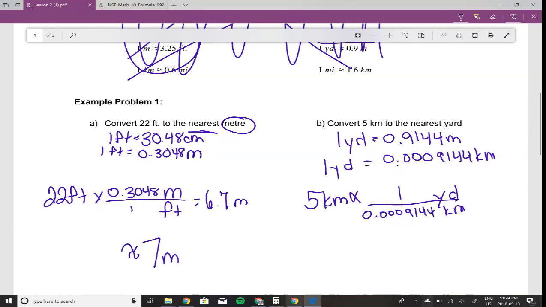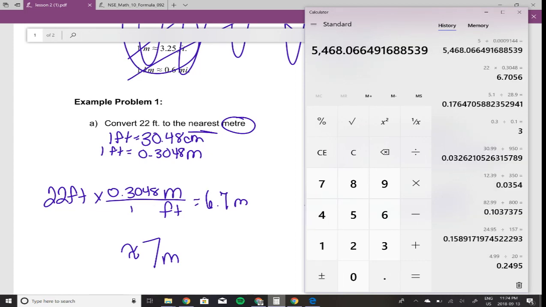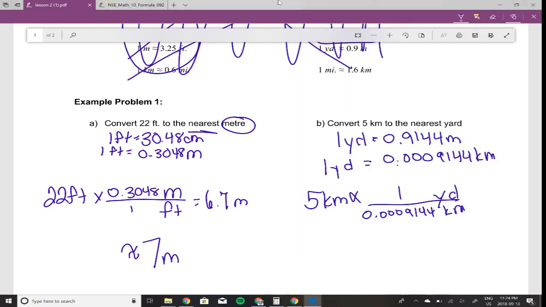So we'll put that in our calculator. 5 divided by 0.0009144, and we get 5,468, and we can just leave that there because the 0 here will allow us to keep it the same. So 5,468 yards. So 5 kilometers is about 5,468 yards. Okay, so you can see we're still using that same conversion factor that we were using before.